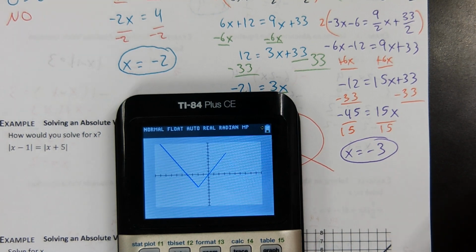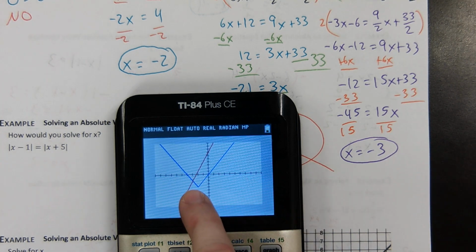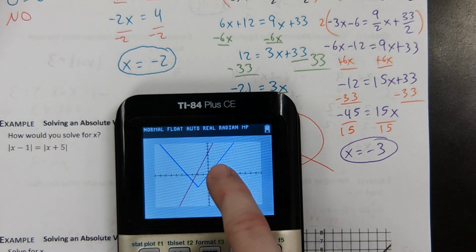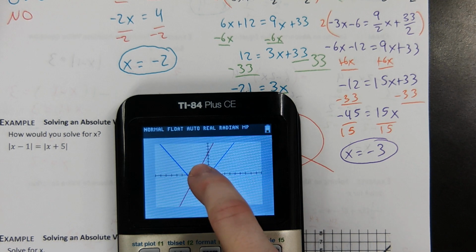That's a V-shaped graph, and then 3x plus 7 is linear. I'd like you to see that those two graphs meet each other one time, right there at x equals -3.